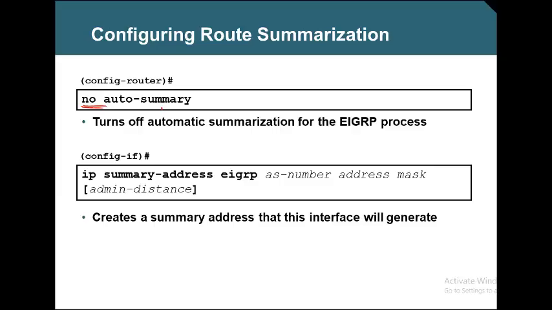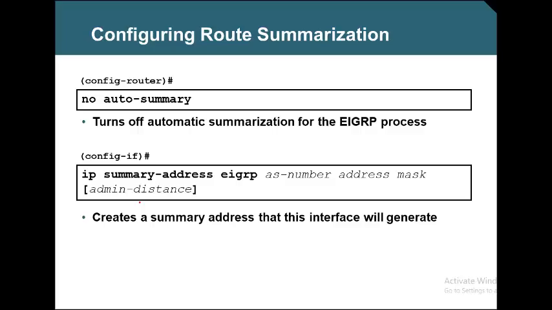protocol with different administrative distance, the protocol with lower administrative distance will be preferred, isn't it? Administrative distance, which is preferred, lower or higher? Lower. EIGRP is 90, OSPF is, hmm, 90.